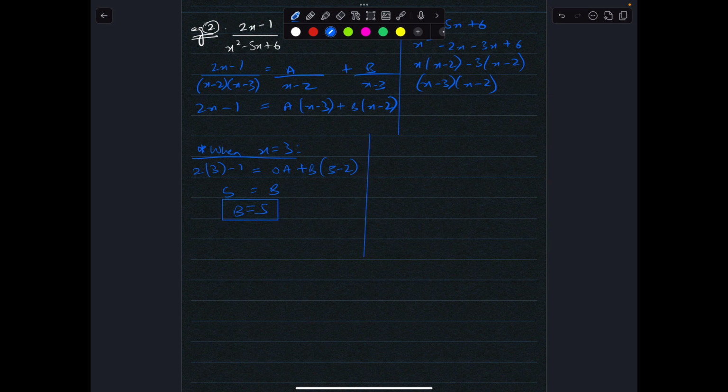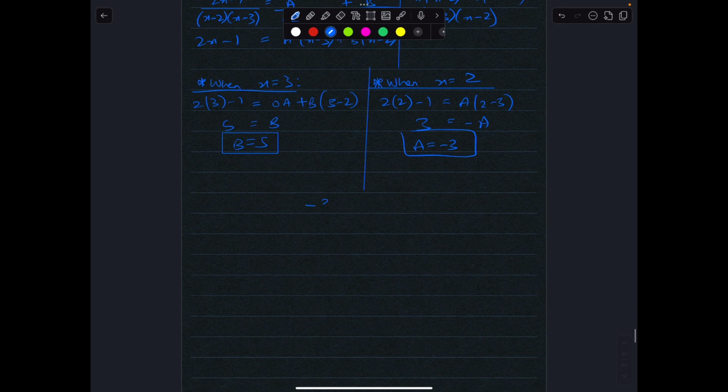I still have to find a. So to find a, let's take x as 2. So 2 into 2 minus 1 is equal to a into 2 minus 3, minus a is equal to 3 and a turns out to be minus 3.